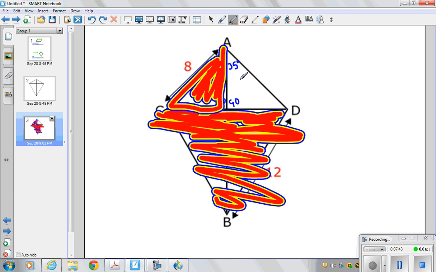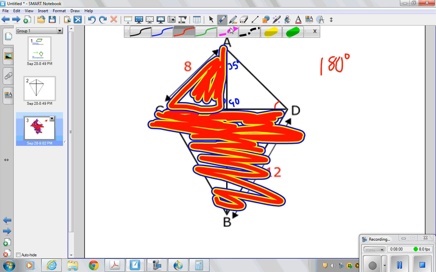Well, that's 35 degrees, that's 90 degrees. And hopefully you've learned by now that a triangle totals 180 degrees. So if that's 90 degrees and that's 35 degrees, then this angle right here should be 50 degrees.